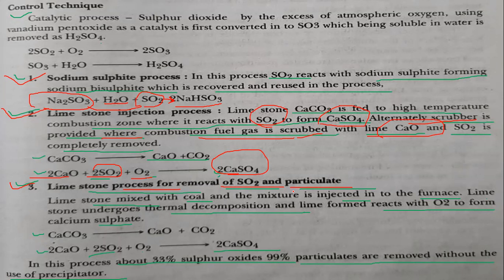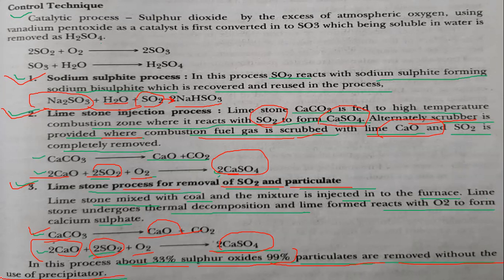What happens here? Again the same process. See, calcium carbonate forms calcium oxide. That calcium oxide again reacts with the SO2 gas in presence of oxygen and it forms calcium sulfate. In this process, about 33% of sulfur oxide, okay, and 99% of particulates are removed without the use of a precipitator.